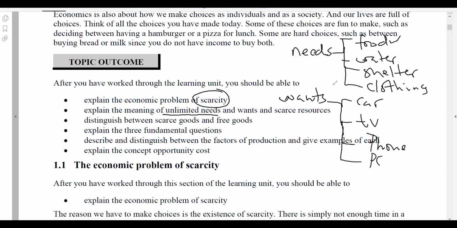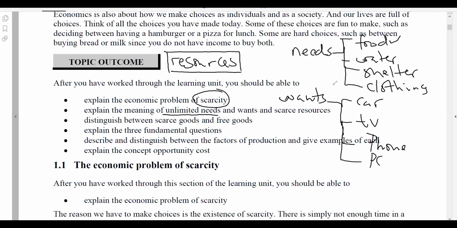So how does a person get to have the food, clothing, car? How are these things met? What is used to produce food or to produce a car? That is what I mean. Is it? To produce technology. Yes, we use resources.